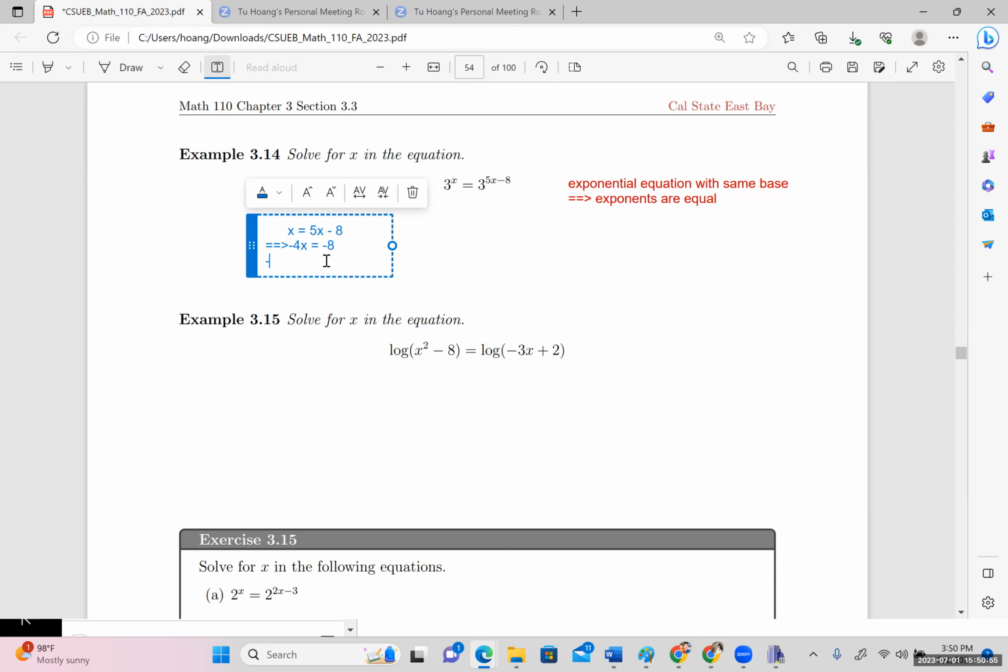Then I'm gonna divide both sides by negative 4. I'm gonna have negative 8 divided by negative 4. So then that means x will be equal to 2. Okay.